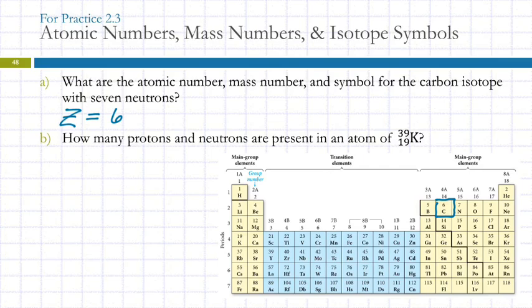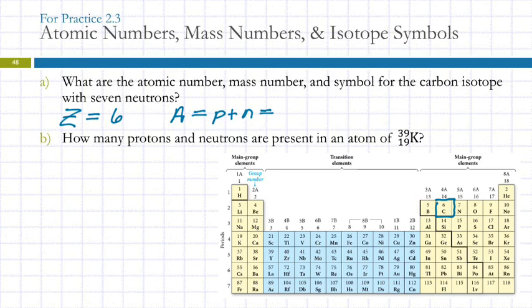The mass number is not listed on the periodic table because the mass number is going to be different for each isotope. And those aren't shown on the periodic table. That's why they're telling us there's 7 neutrons. The mass number, A, is the number of protons plus neutrons.